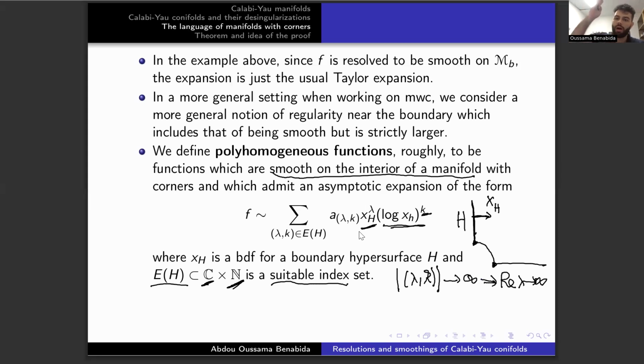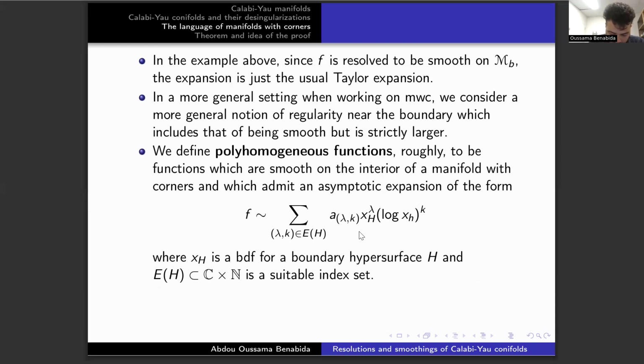So there is a highest possible logarithmic power, and then other smaller ones, and there are no negative ones. And in particular, this is also a discrete set. There are some other conditions, but I will not mention them for now.